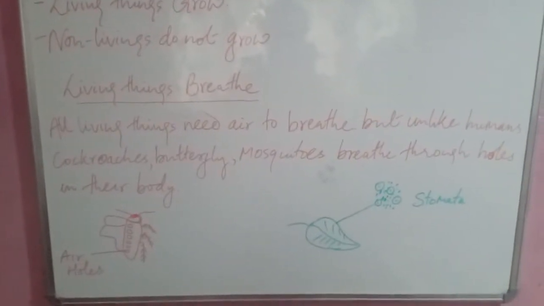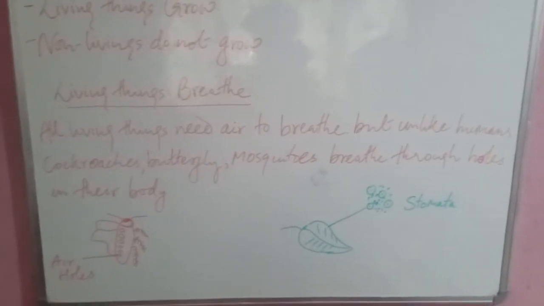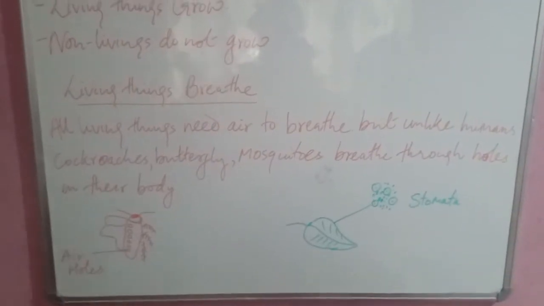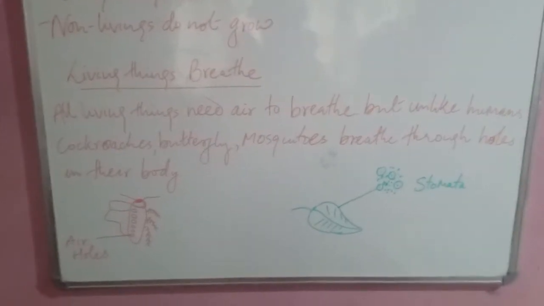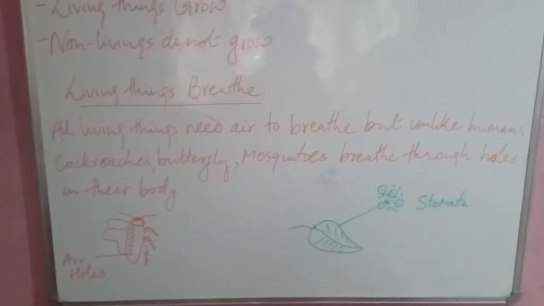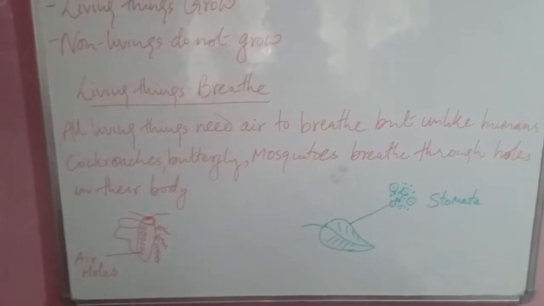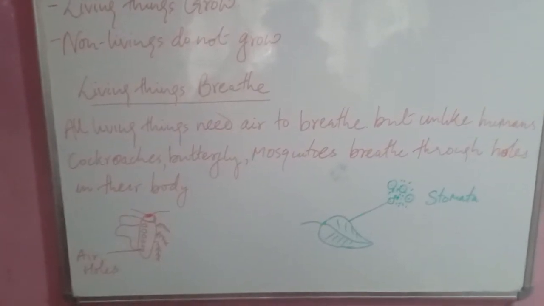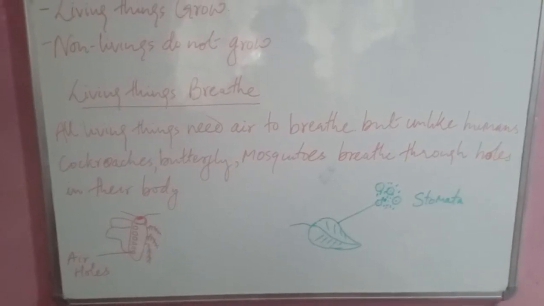We human beings usually use our nose and mouth to breathe, and some other animals can also breathe air through the nose. But there are some animals, or we can call them insects, which, unlike humans, have holes in their body through which they breathe.